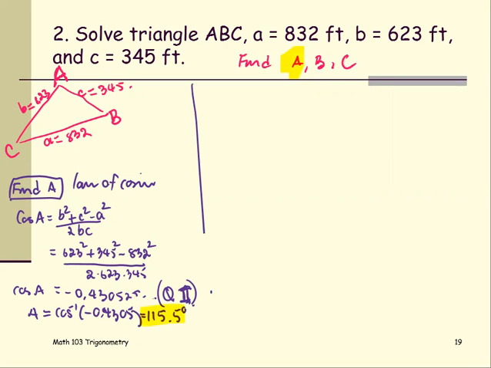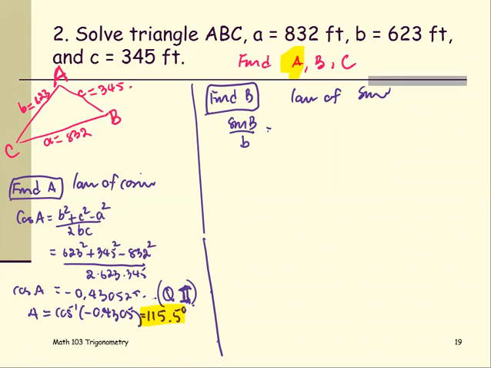Next, we're going to find angle B using the law of sine. The sine of angle B over B equals sine A over A, or sine B equals B times sine A, all divided by A. So put the numbers all together.